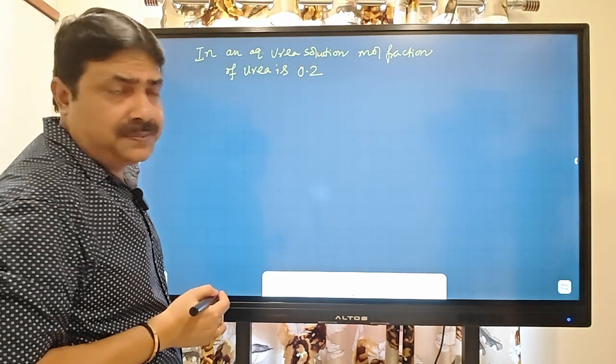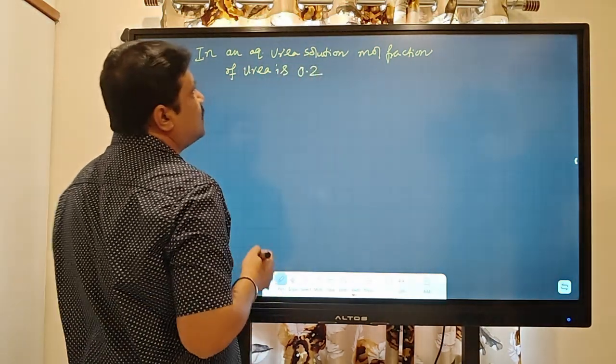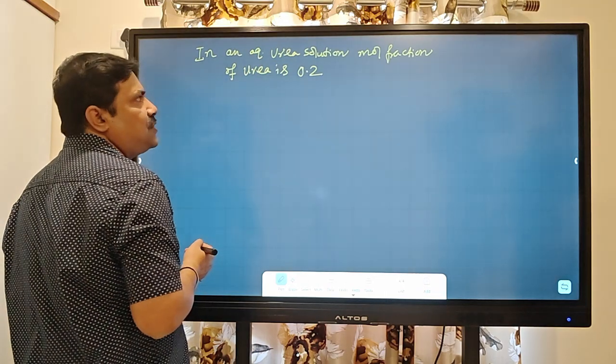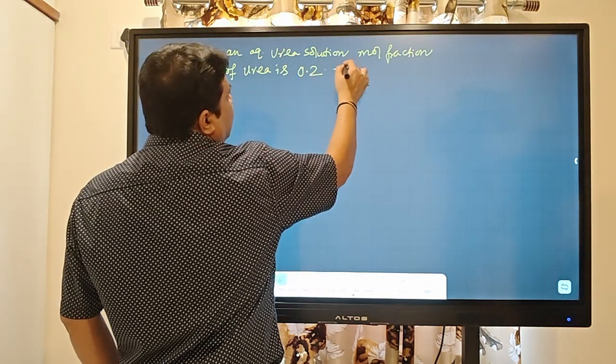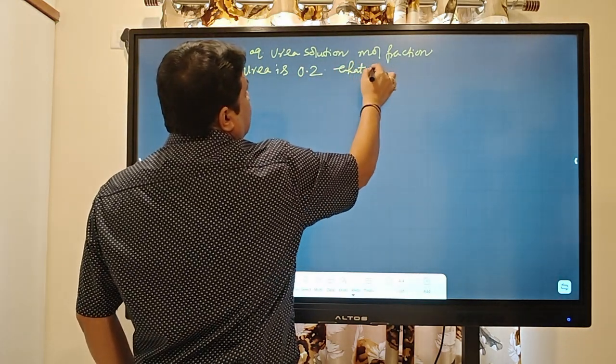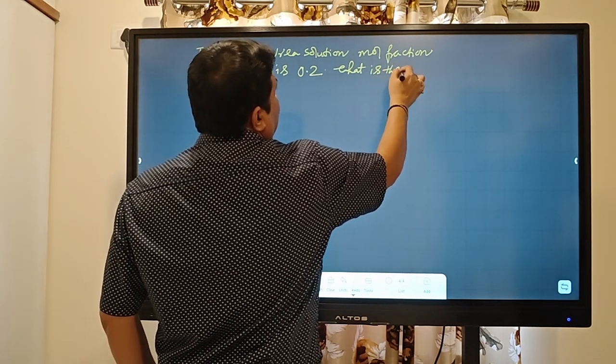Is it clear or not? So in an aqueous urea solution, the mole fraction of urea is 0.2. What is the molality of the solution?